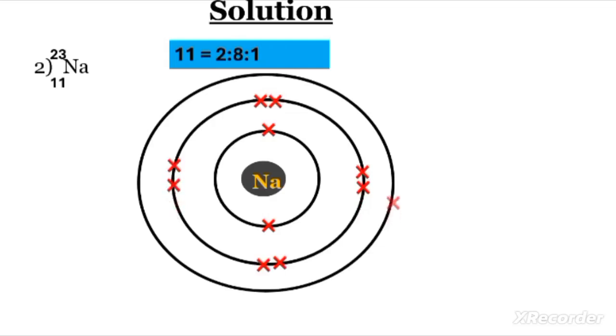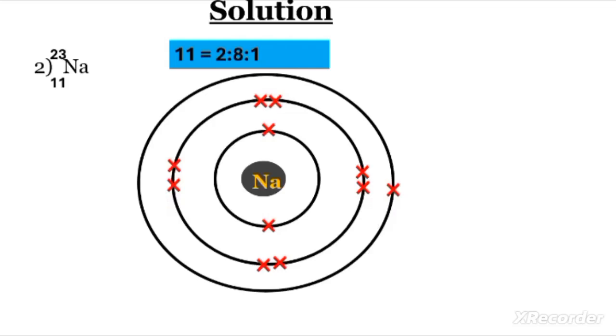Then the last 1 electron in the outermost shell or in the last shell. So as we can see, we have successfully managed to come up with the electronic configuration and the electronic structure, or we have written the electronic configuration and we have drawn the electronic structure.